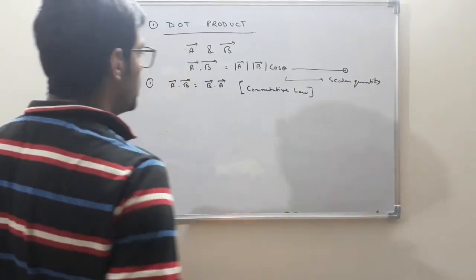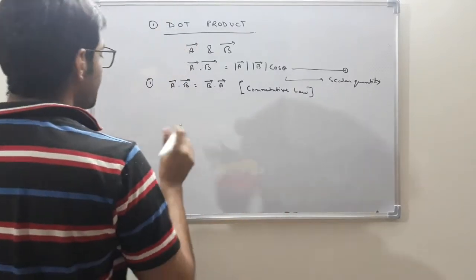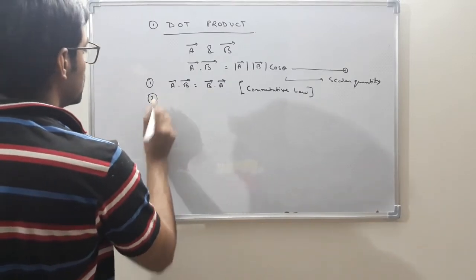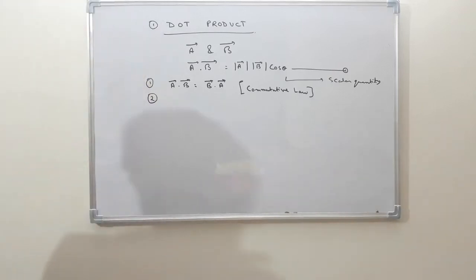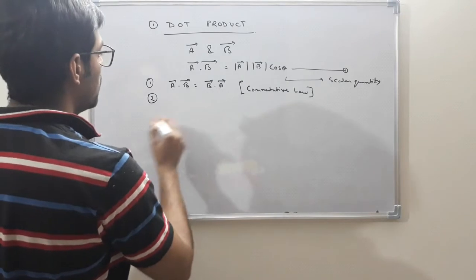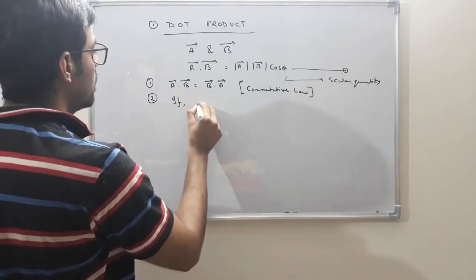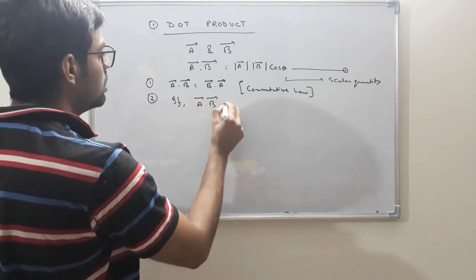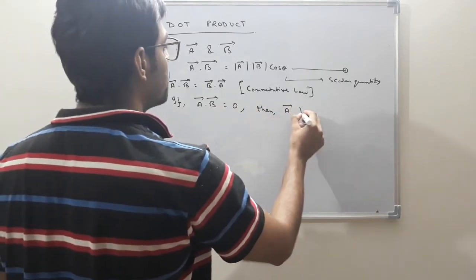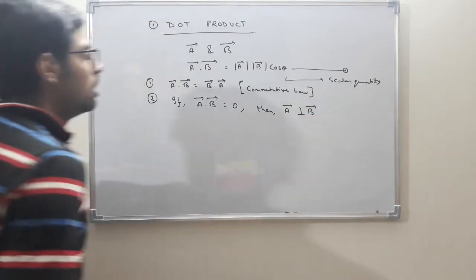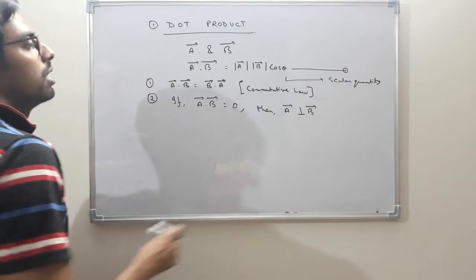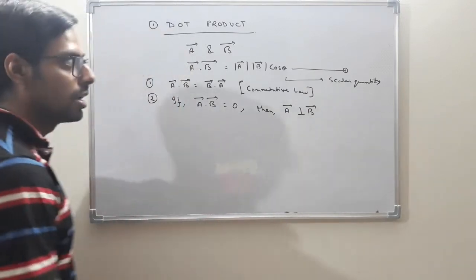Second important point is that if A dot B is equal to 0, then we can write that A vector is perpendicular to B vector.